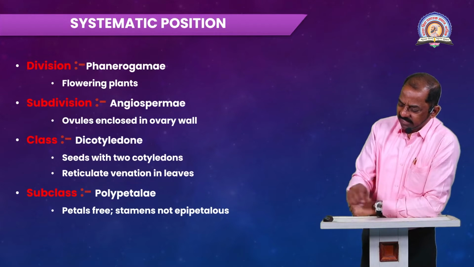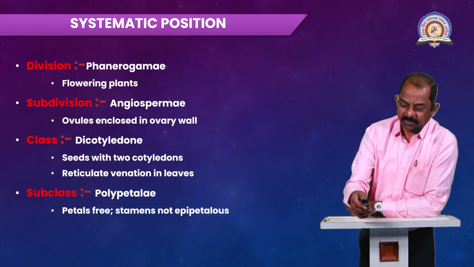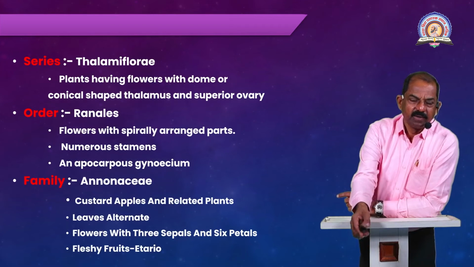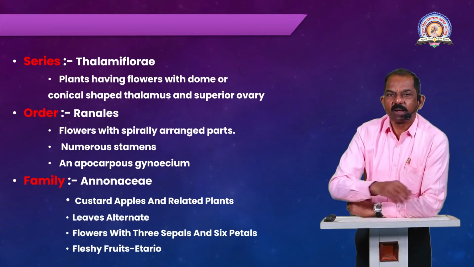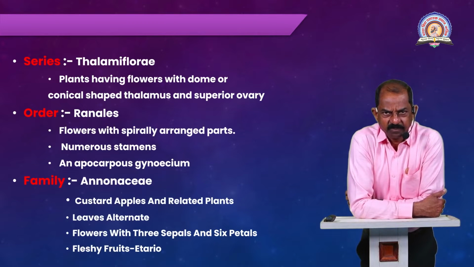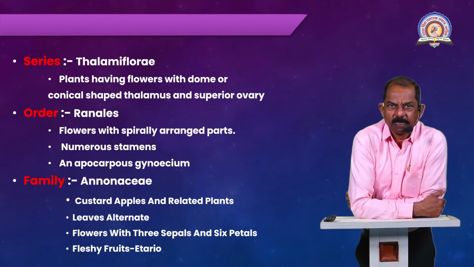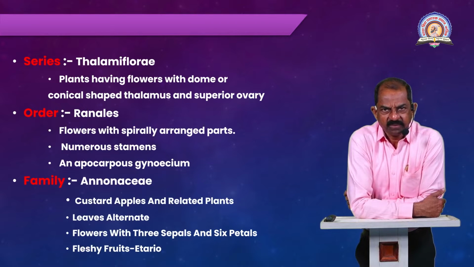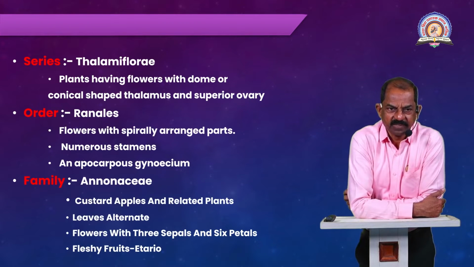Then this dicotyledon has the subclass Polypetalae, meaning petals are free. We all know that petals are an important whorl of the flower; if they are free, simply we say polypetalous.